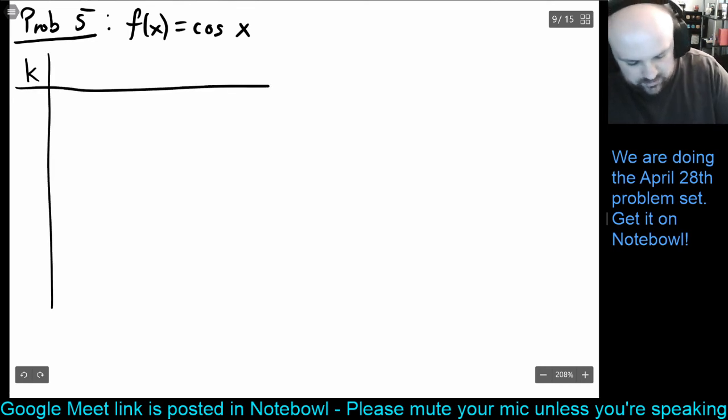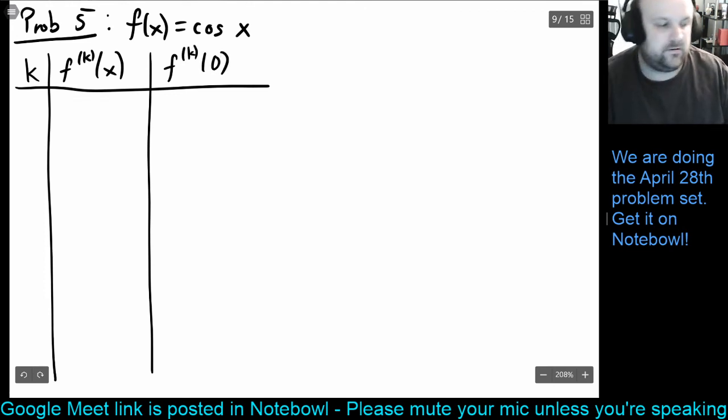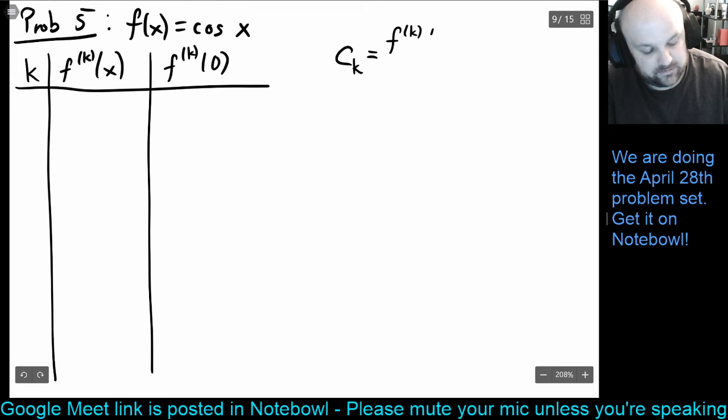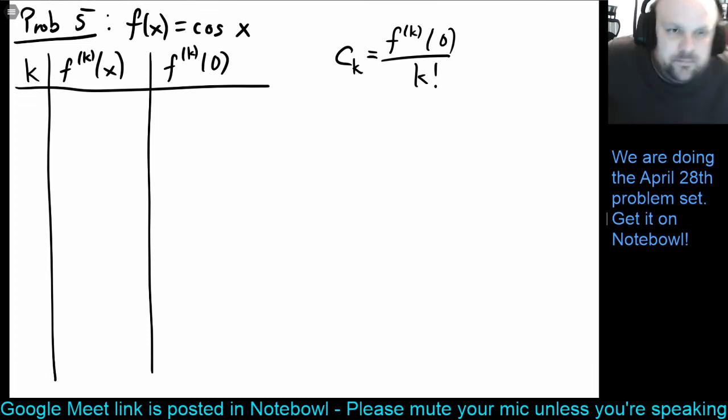So I'm going to quickly draw up this chart that I usually use here. Right, Maclaurin series, so we're finding this at 0. Remember, our ultimate goal here is to find a pattern for these so that we can write down the Maclaurin coefficients. We want to be able to get this formula here.